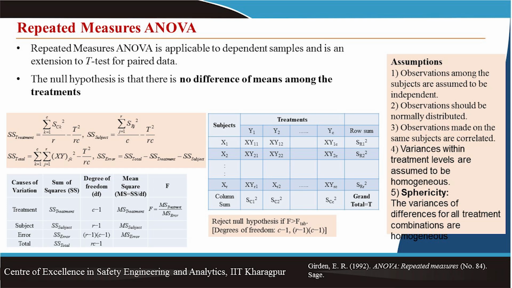Now, if you carefully design the training program, as for example the three training programs I have already given, then our C will be 3, so three treatments. Now, you can find out what the R value could be.